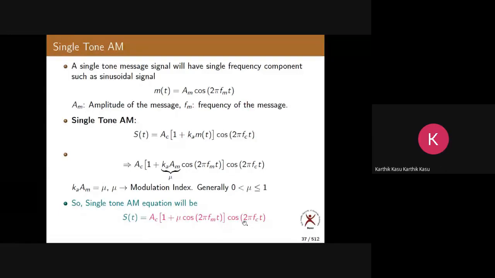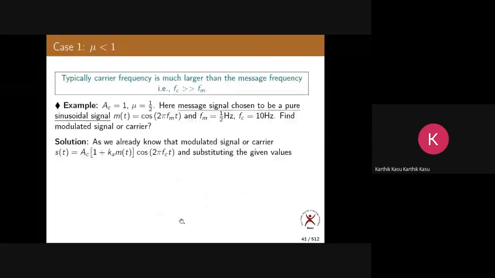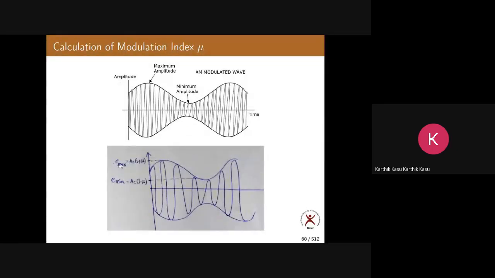Minimum value? A_C (1 - mu). So that's what we have written here. It has a maximum of A_C into (1 + mu), and here we have the minimum, A_C into (1 - mu).